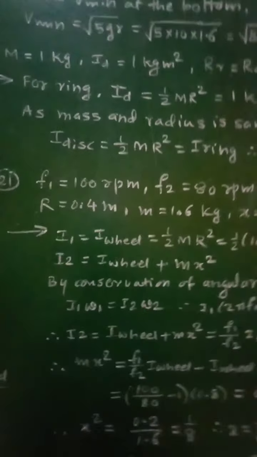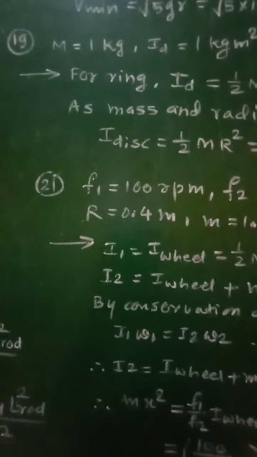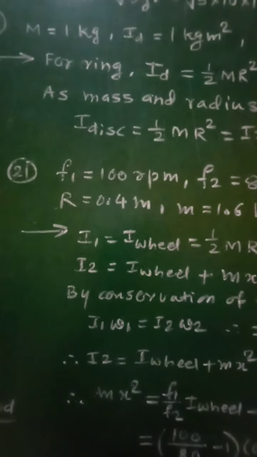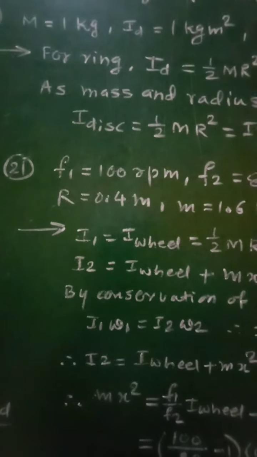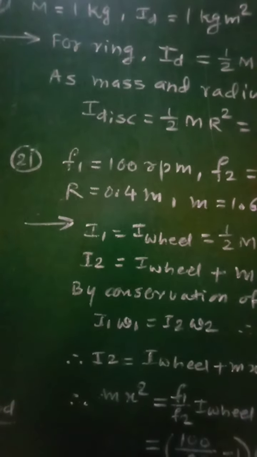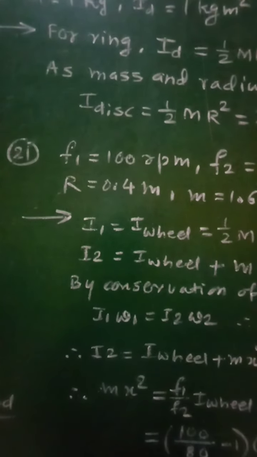Then we will go for the next numerical, that is numerical number 21. Numerical number 21 is given as: a flywheel used to prepare earthenware pots is set into rotation at 100 rpm.